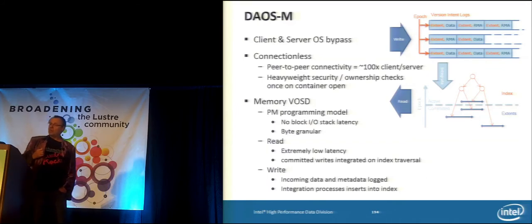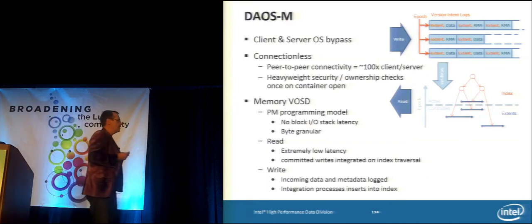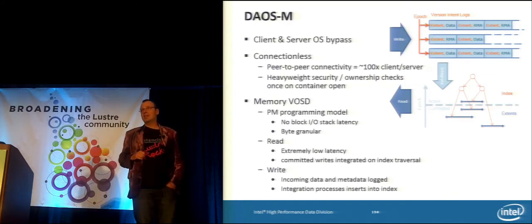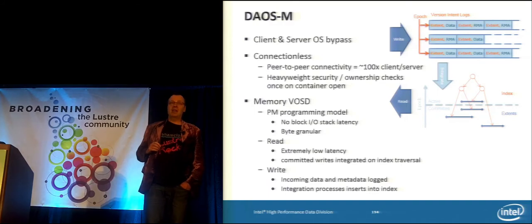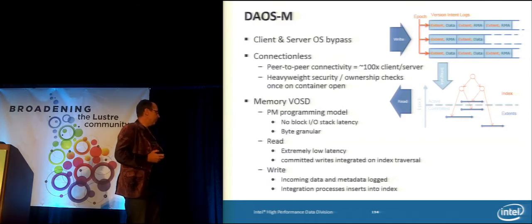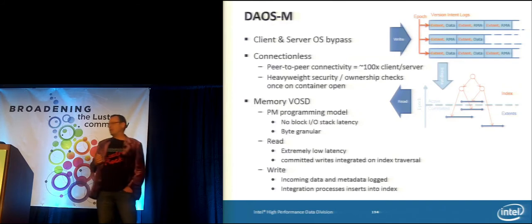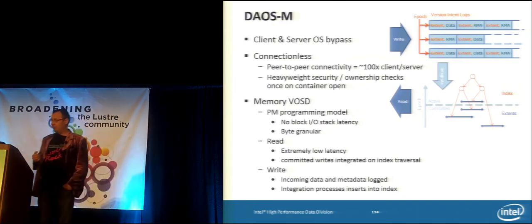So we've got a model for a versioning object storage device. The lowest level of the fast-forward stack, DEOS, uses a multi-version concurrency control method, and we want to extend that to NVRAM. It will be programmed using a persistent memory programming model.